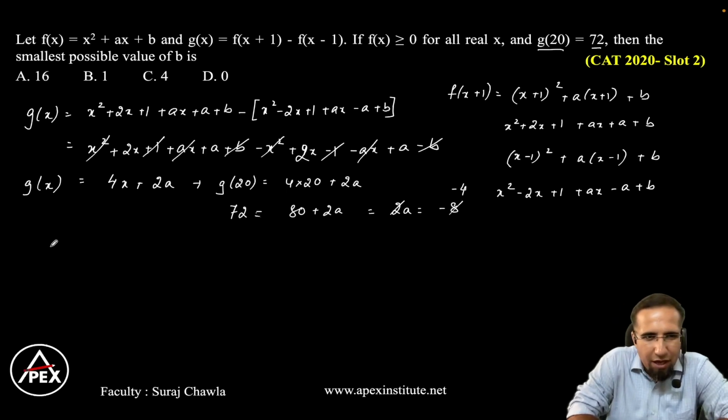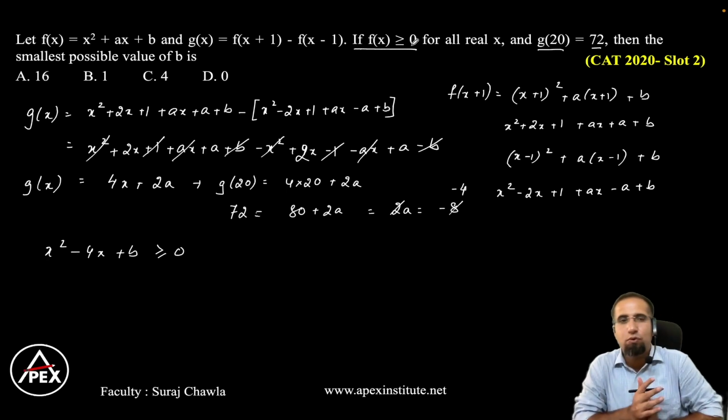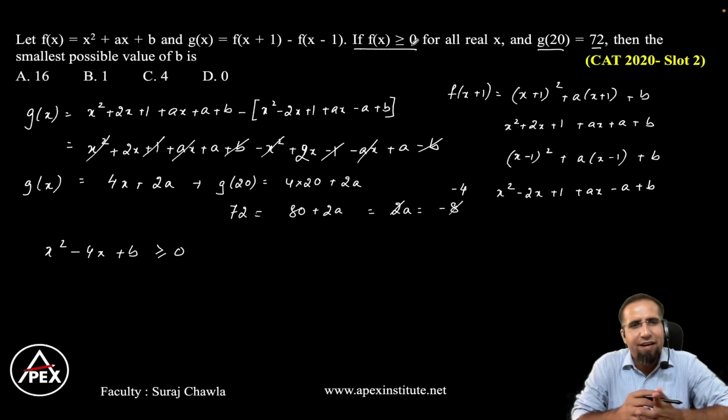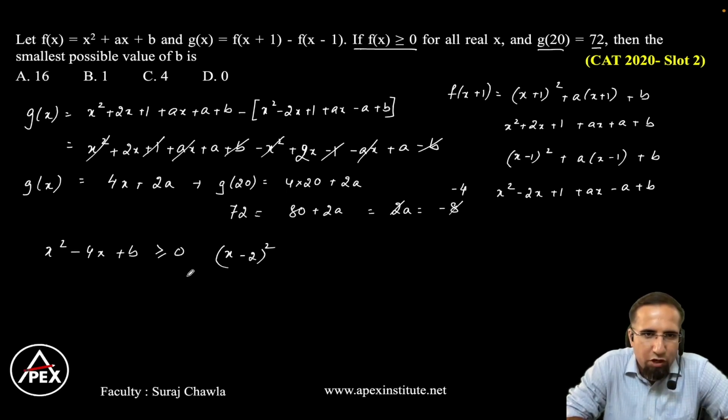So what do we have? We have x square minus 4x plus b is greater than or equal to 0, because I am told that f of x is greater than or equal to 0. If this is greater than or equal to 0, we can convert this in the form of x minus 2 whole square, which will give me x square minus 4x plus 4, which means we will have minus 4.